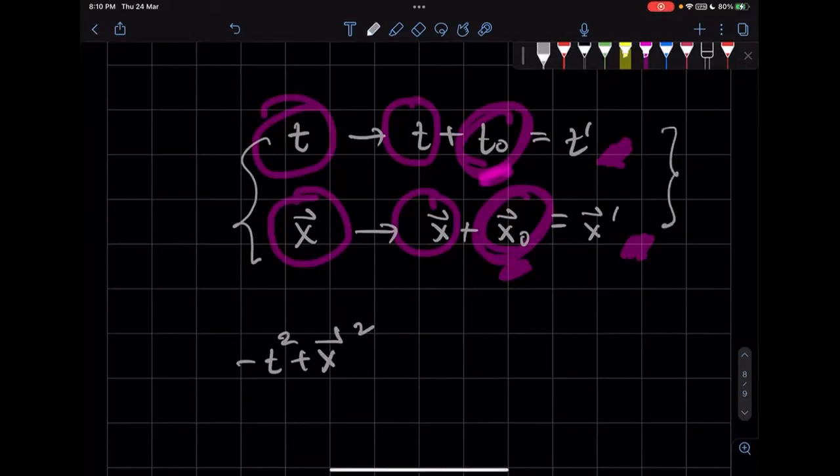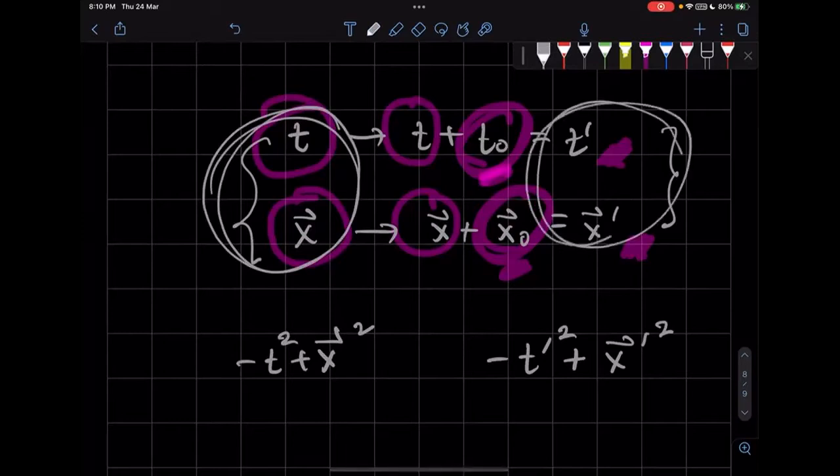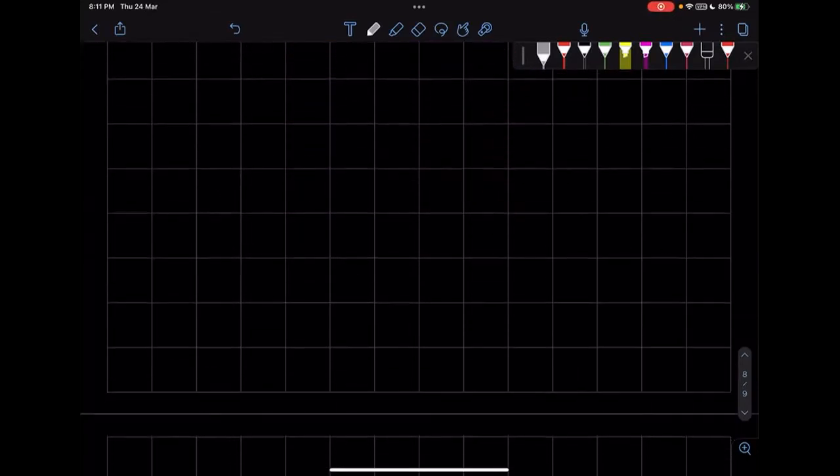And here, we are using the interval, which is minus t prime squared plus x prime squared, right? So this action is mapping a point in Minkowski space to another point in Minkowski space. Right, so let's take an example.